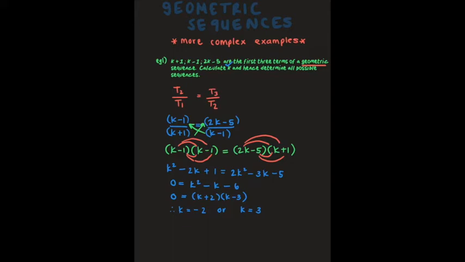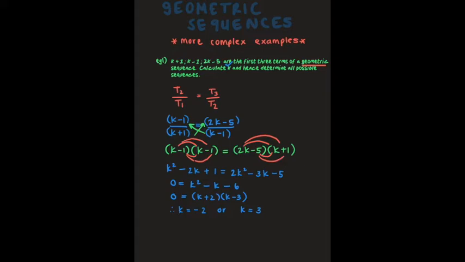We've got two solutions for k, but we know we're expecting two solutions because we're solving a quadratic. But the follow-up question, hence determine all possible sequences, is saying we can potentially have more than one sequence happening here, which will be true since k has two separate values.